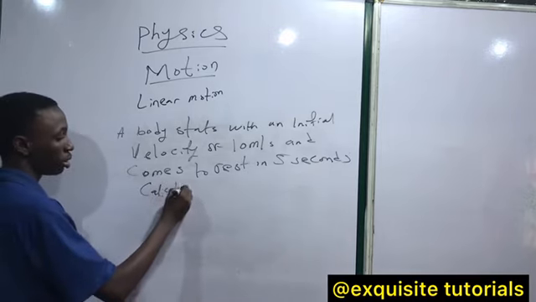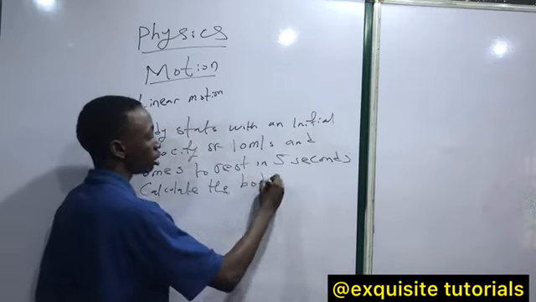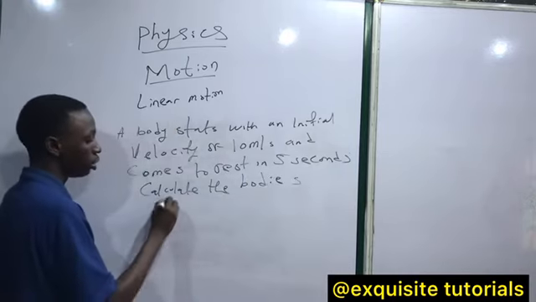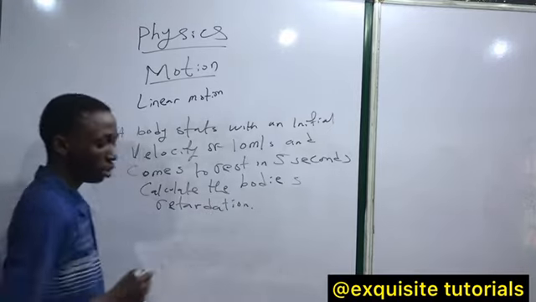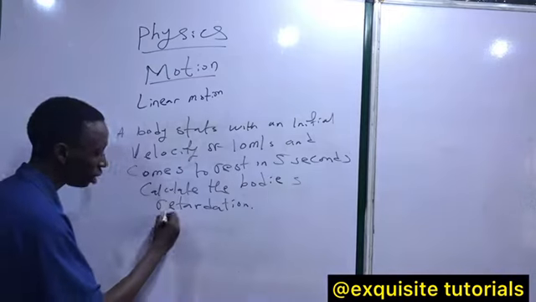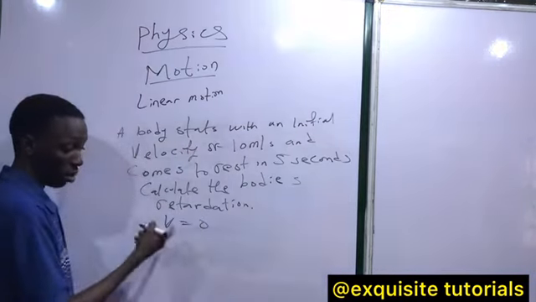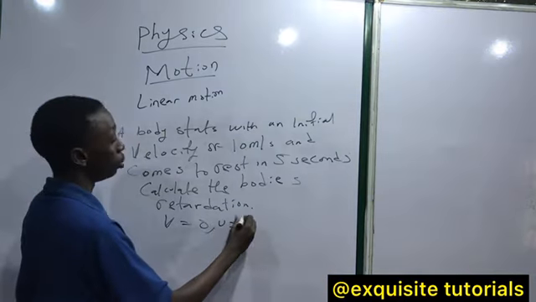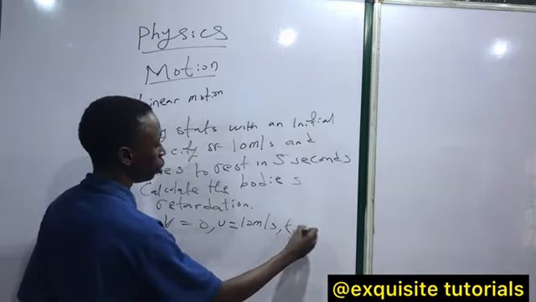Calculate the body's retardation. Now notice when the body is coming to rest, the body is retarding, right? So we already know that V is equal to 0, U is equal to 10 meters per second, and T is equal to 5 seconds.